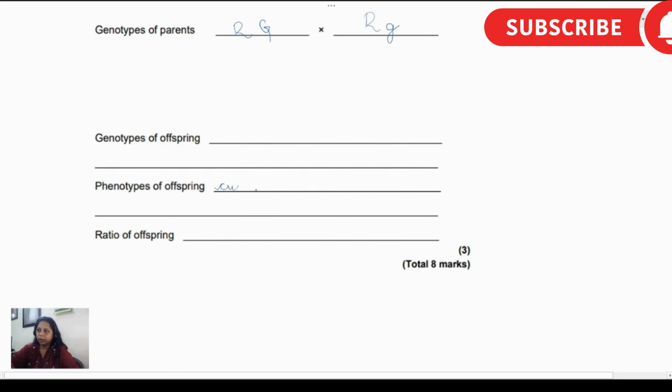Okay. Curly wings. So three offspring would have curly wing, gray body, and one offspring would have normal wings. Okay, 1 to 1. Okay.